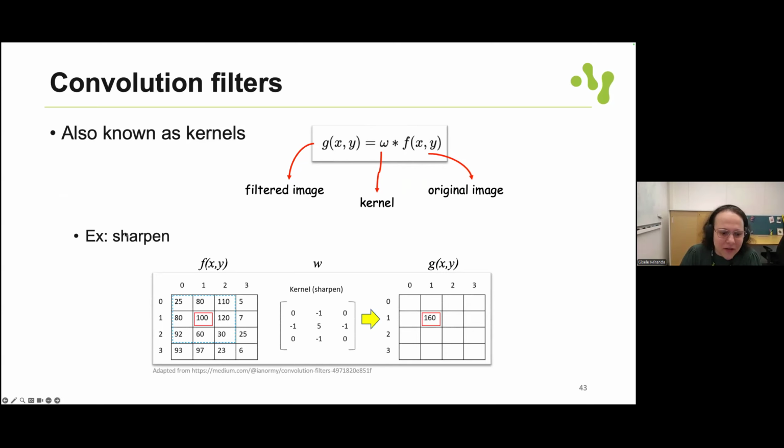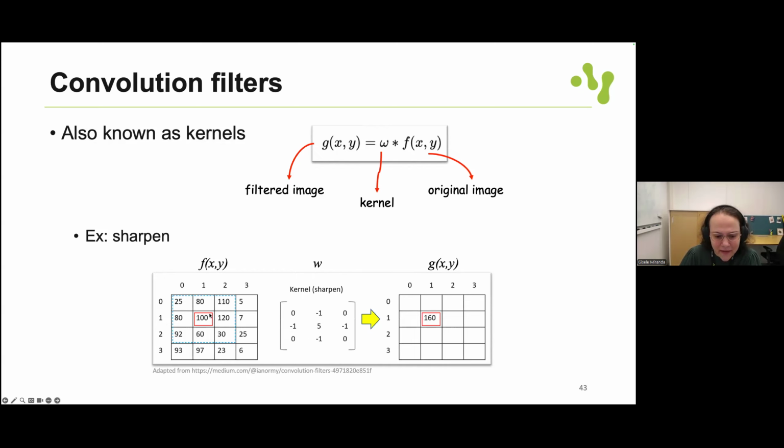So here's an example. Here we have a part of the matrix of values of our digital image, right? And then we have a kernel, and a kernel is just another matrix designed with a specific purpose. This one is designed to sharpen the image. You can ignore what these values mean right now, but what we are doing here is multiplying this matrix by each pixel.